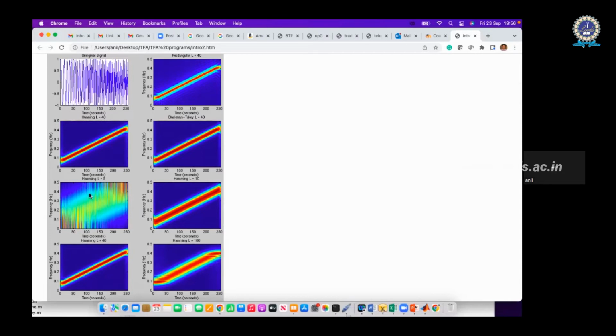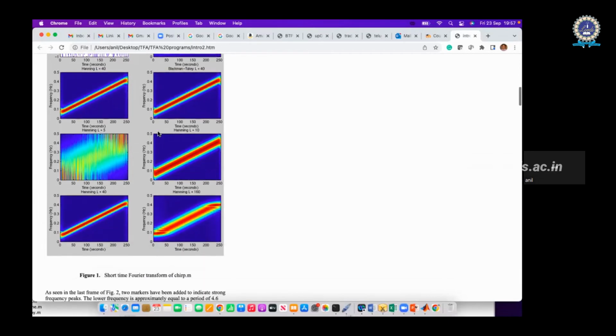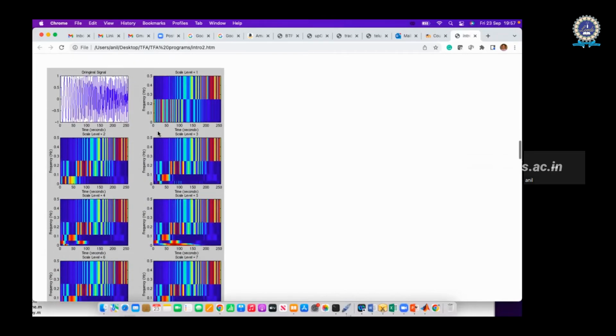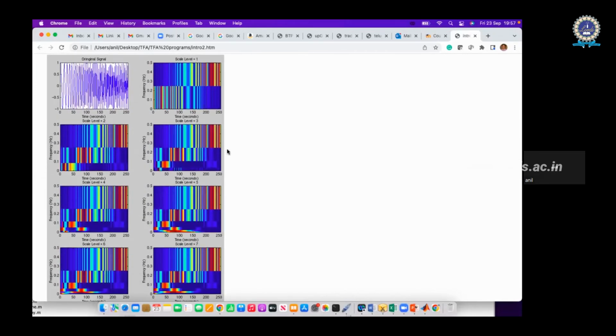But if you take 5 only, that linearity you are not able to observe. For this signal, what is the best spectrogram, or best time versus frequency, is very difficult to say. Even this one is not the best one, nor this one; it is the best among these. Similarly, for the same signal, if you apply the wavelet transform, you will get different information.